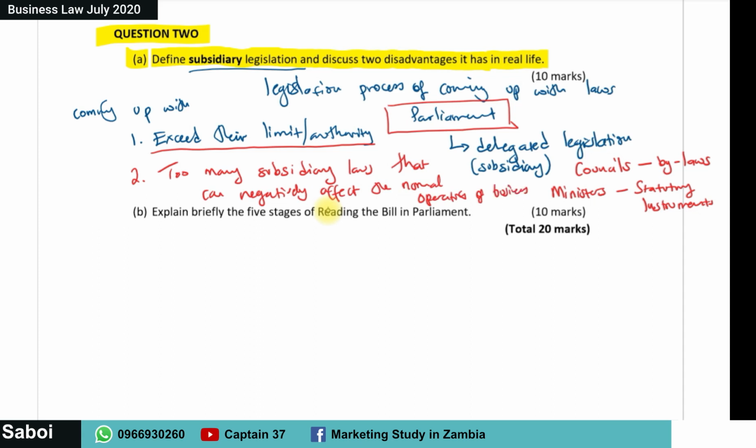Okay. So those are the two disadvantages of delegated legislation. So 10 marks for you.